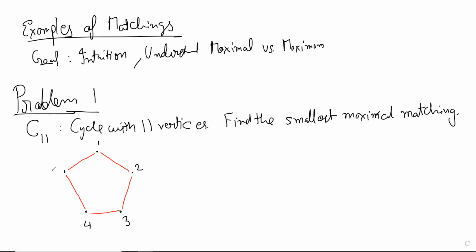So if you just take 5 only, then what's the worst maximal matching you can get? But will it be maximal if you erase everything? So you need to give me some edges which will make a maximal matching, meaning you cannot improve on that.